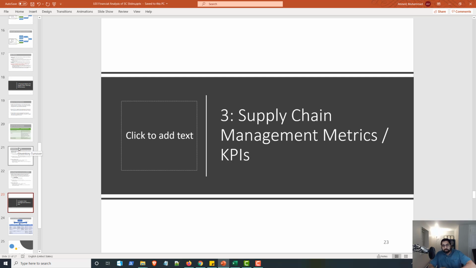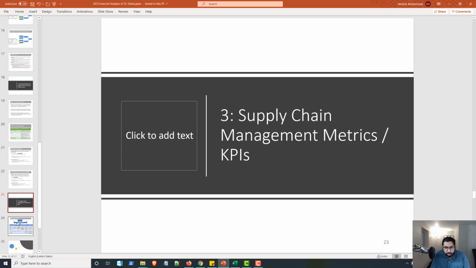Now, all of what we have done till now, we just looked at financial statements. Okay, and now we're going to look at performance metrics for supply chain that are only known internally within the company. So you work for your company, you can calculate these metrics, but outside people don't know these metrics because these are not reported on financial statements.